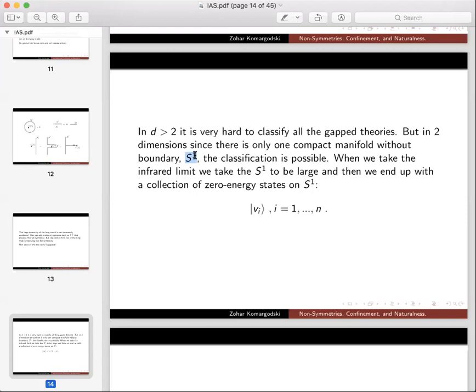I'll just tell you some basic facts. All there is to a gapped quantum field theory in 2 dimensions at the very long distance limit is a bunch of states which are exactly degenerate on S1. You take the long distance limit, you take a huge S1, you get n degenerate states, you call it a topological field theory, and that's your infrared limit. And that's all there is to it.